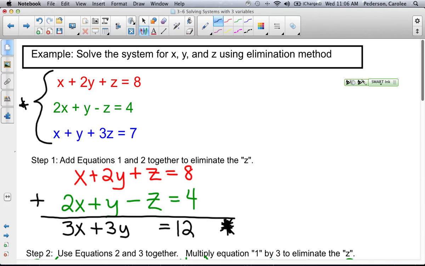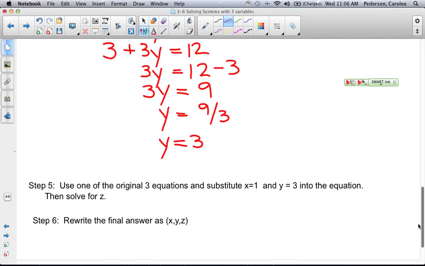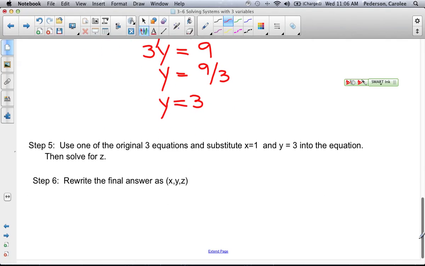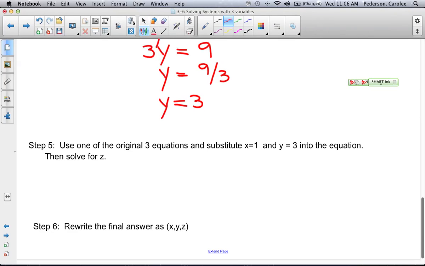I'm going to just choose the top equation, the red one. x plus 2y plus z equals 8.